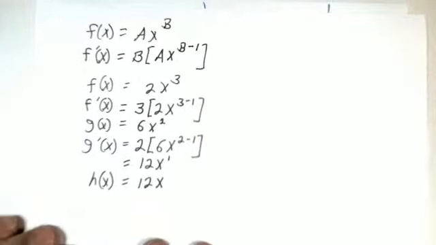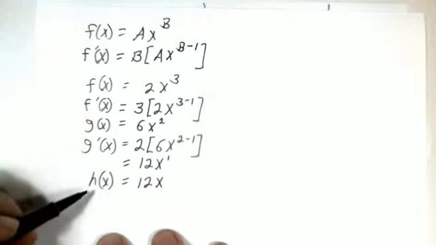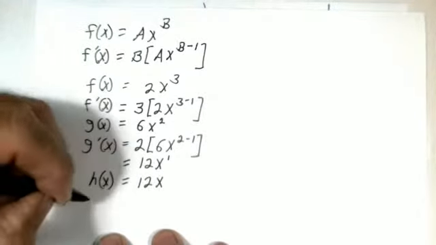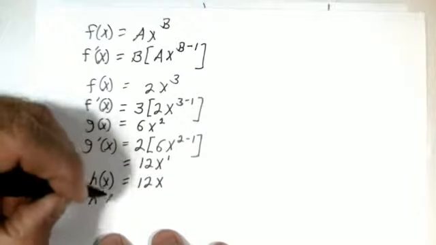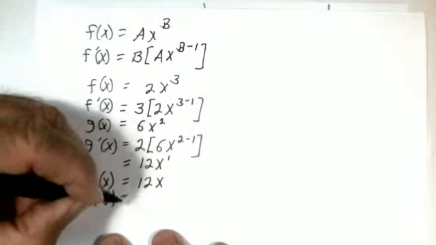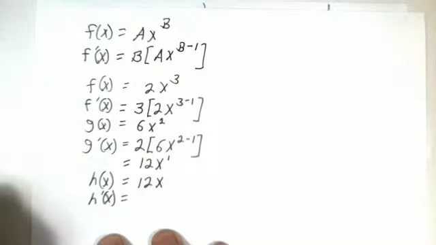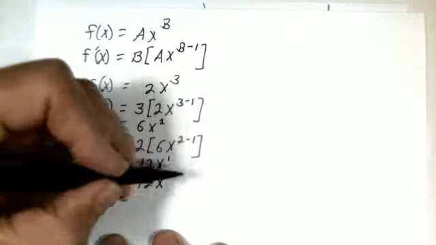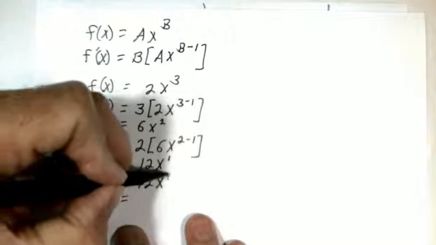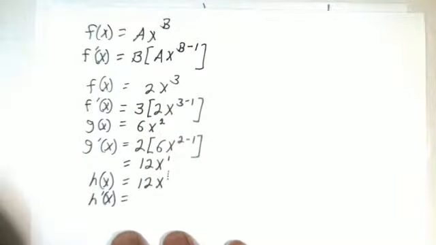Alright, let's try again. So suppose I gave you h of x was 12x, and I ask you to find the derivative of that thing. You would write it like that. Okay? So here we go. Step 1, you write down the exponent. You don't really see an exponent here, but what you have to remember is there's a little invisible 1 sitting over here. It's really 12x to the 1, right?